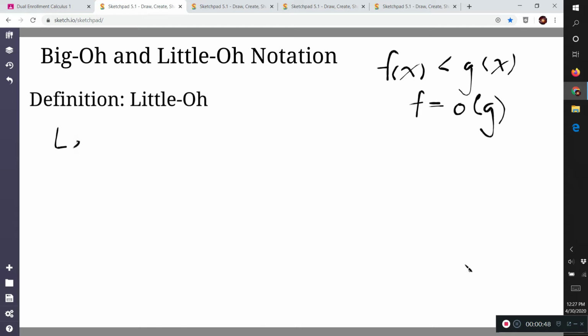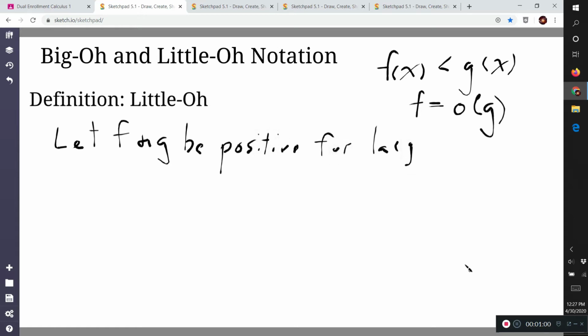So let f and g be positive for large x's. So that whole statement just says that we're dealing with positive functions once x gets to be pretty high.